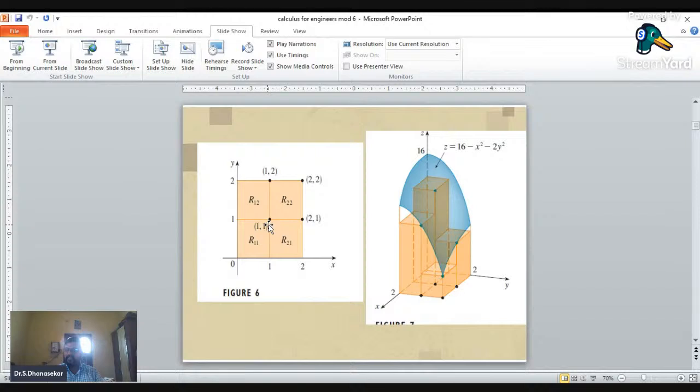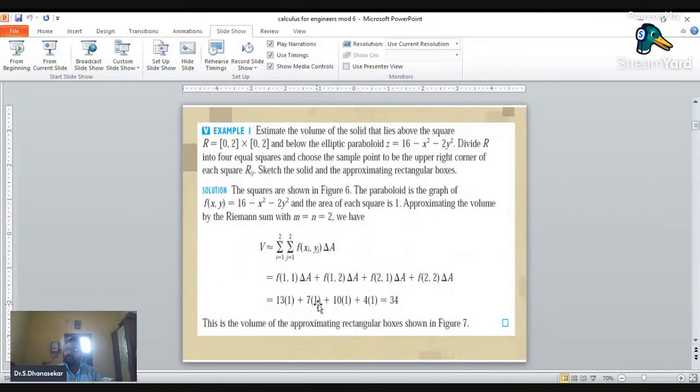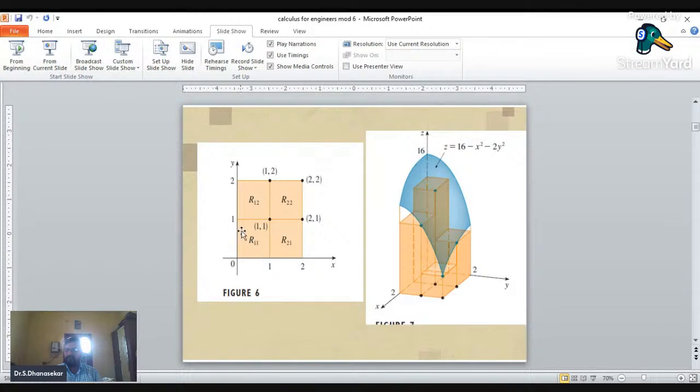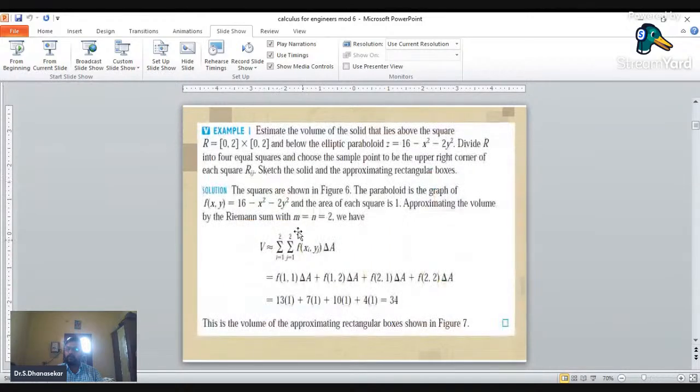That means the area of the square will be 1. In this square, I'm going to take the right-hand corner: 1 comma 1, 2 comma 1, 2 comma 2, 1 comma 2. I can take any point in this rectangle, no issues for me, but I'm going to keep uniformity and take the right-hand corner.